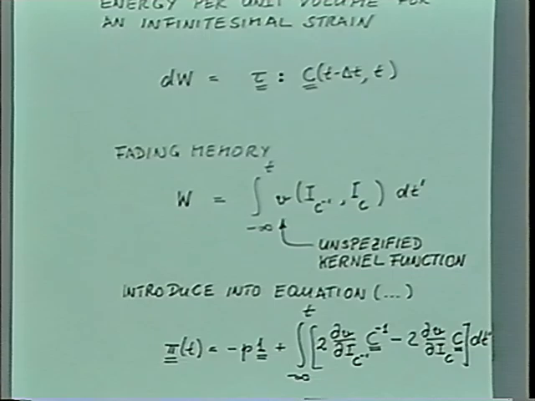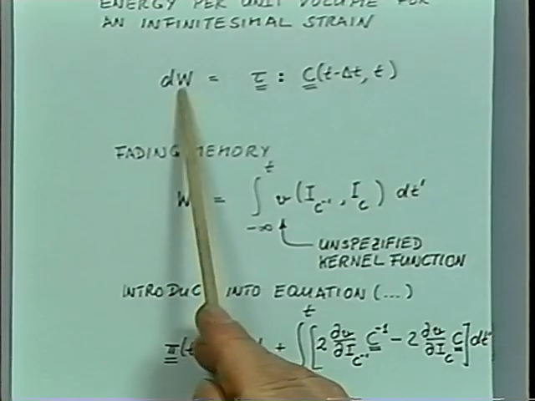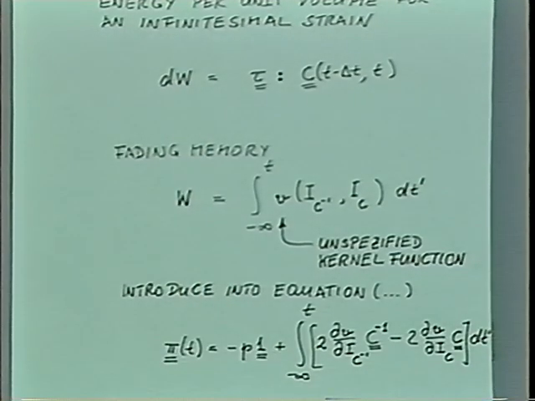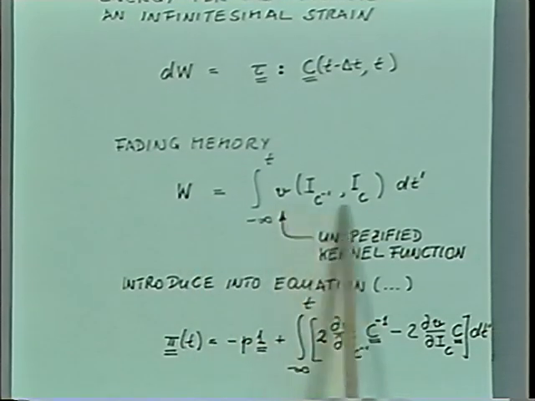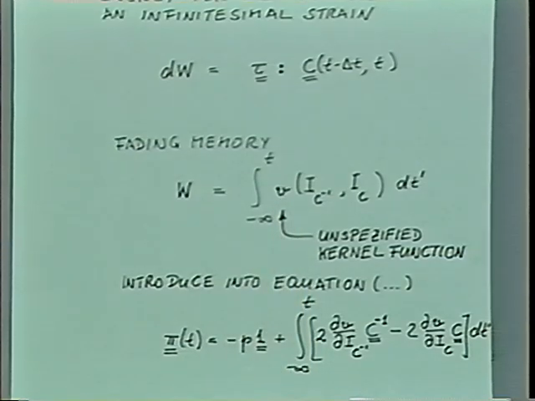So the proposal was to express this strain energy function in terms of a fading memory, a memory integral. This is a function which is decaying in time, but it also depends on the invariants of the Finger strain tensor and the Cauchy strain tensor. The invariants are all coupled. You can take any two invariants.